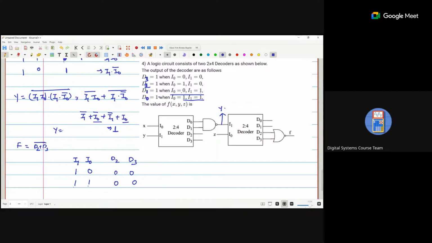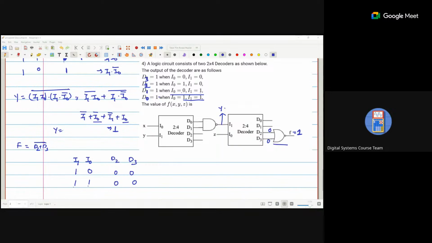So we are getting a 0 here and a 0 here. If both are 0, apply on the NOR gate, so we are getting output 1. Clear? So the output is 1.